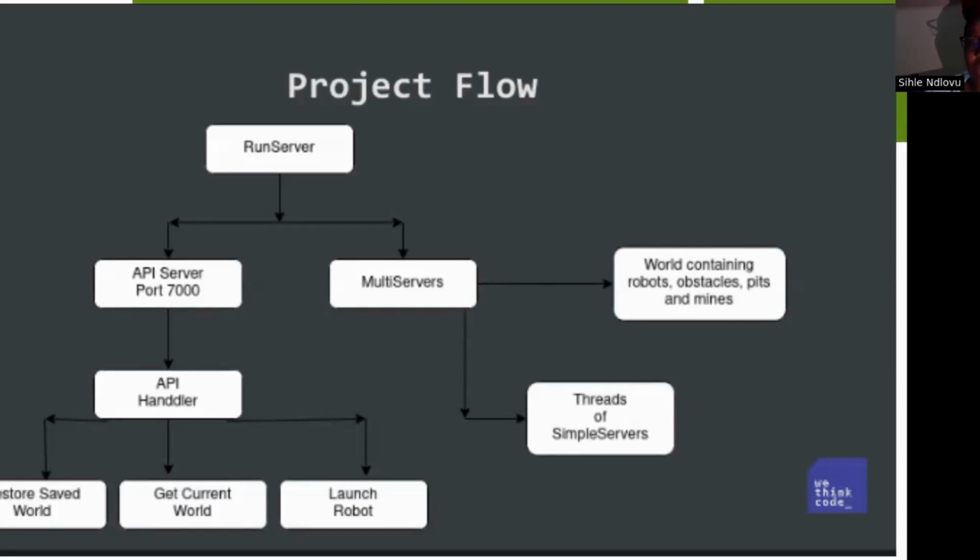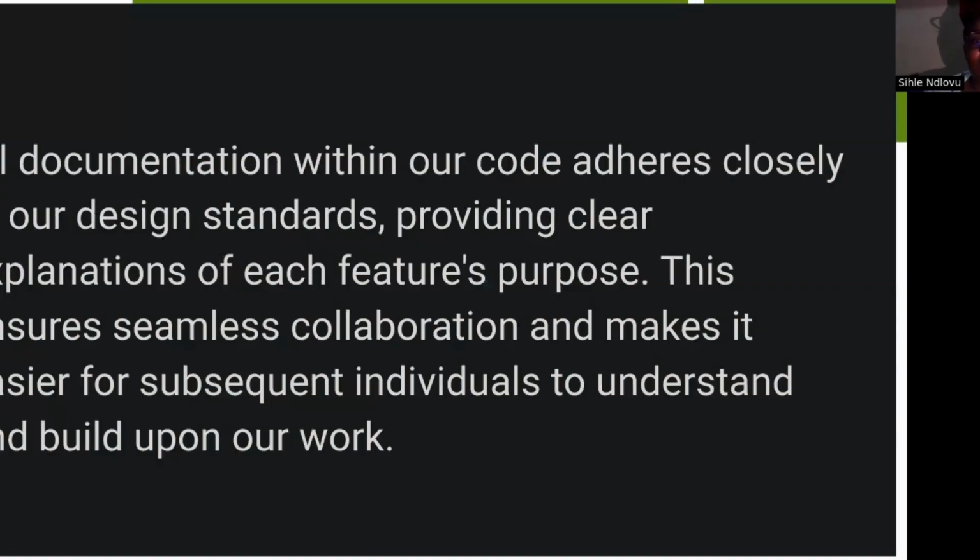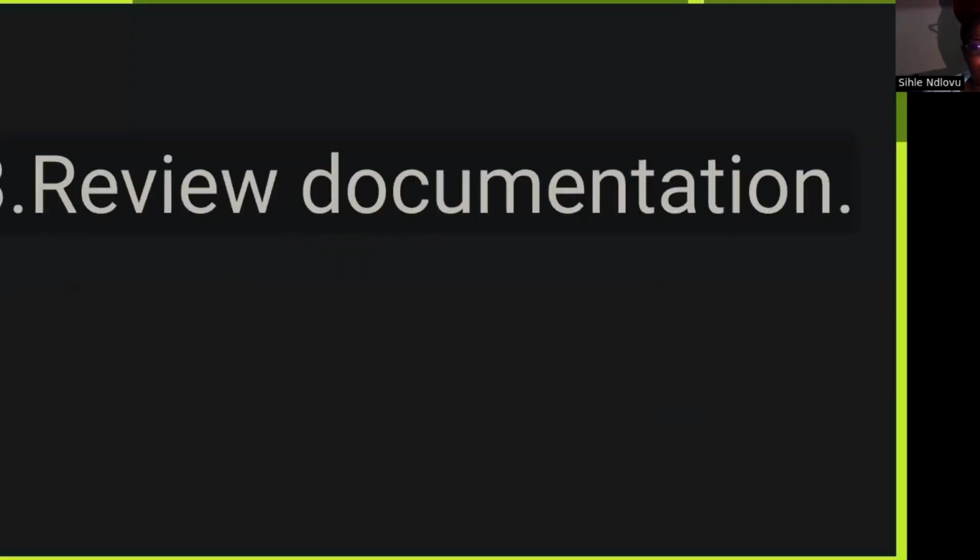This is how we had planned to execute the project, and it's how we did execute the project. Now, all documentation within our code adheres closely to our design standards, providing clear explanations of each feature's purpose. This ensures seamless collaboration and makes it easier for subsequent individuals to understand and build upon our work.